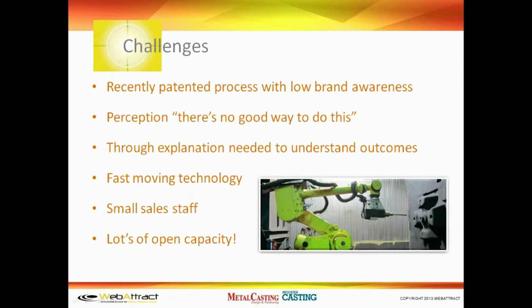Rapid prototyping and that genre of technology is an extremely fast-moving technology, as many of you probably know, and that is a challenge as well. And then, of course, we had a small sales staff, so you had very little opportunity to get out into the field and lay the groundwork for this.